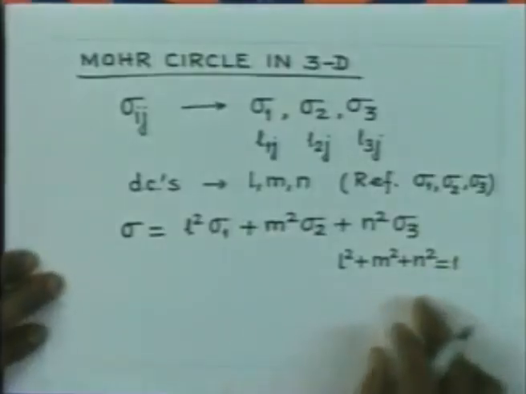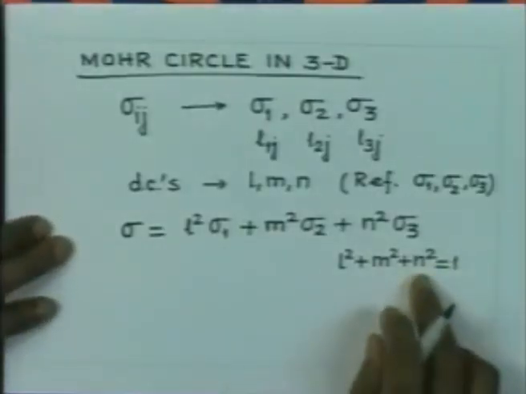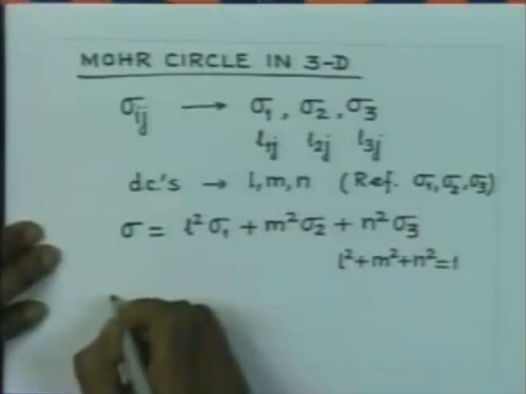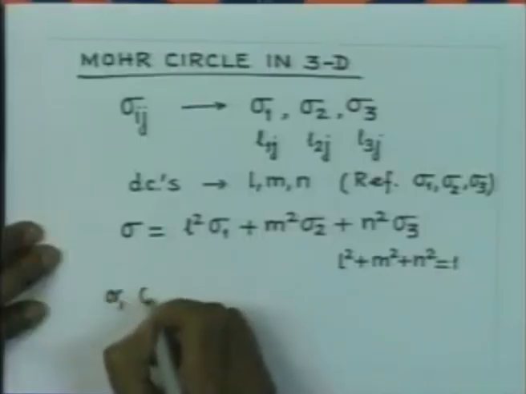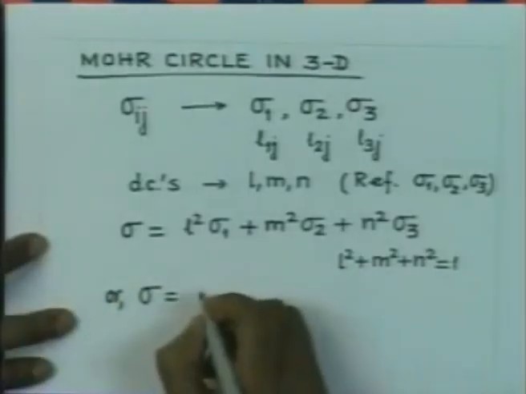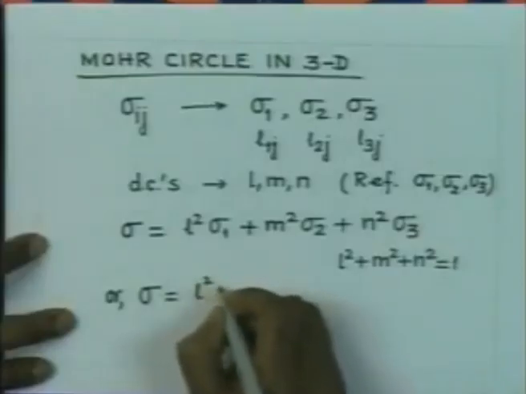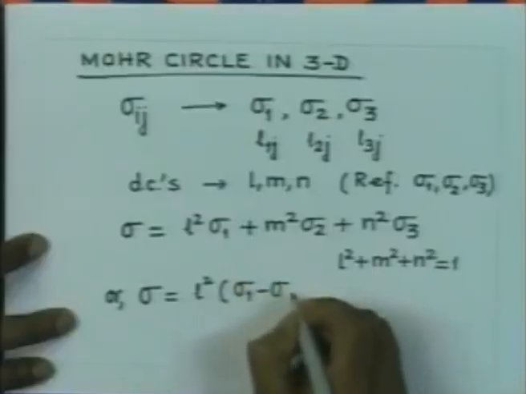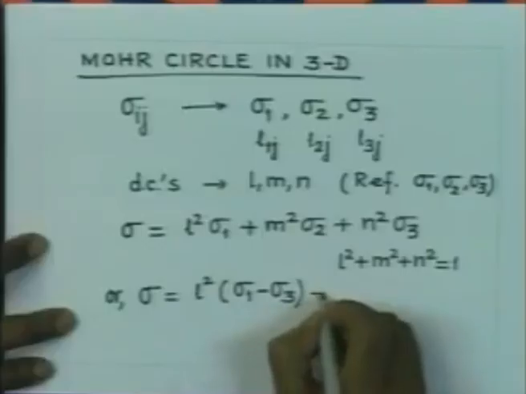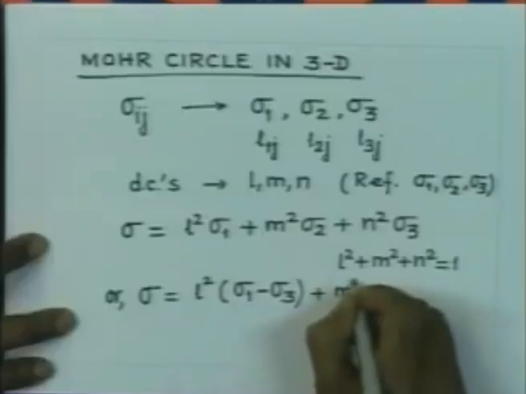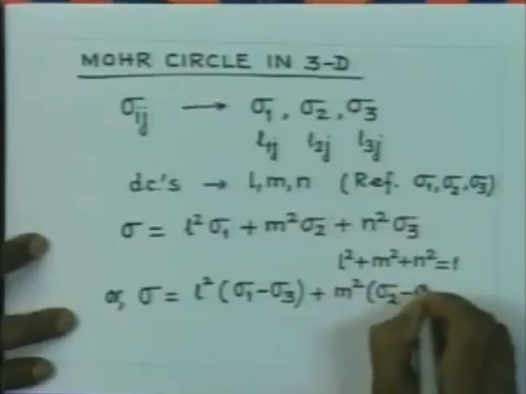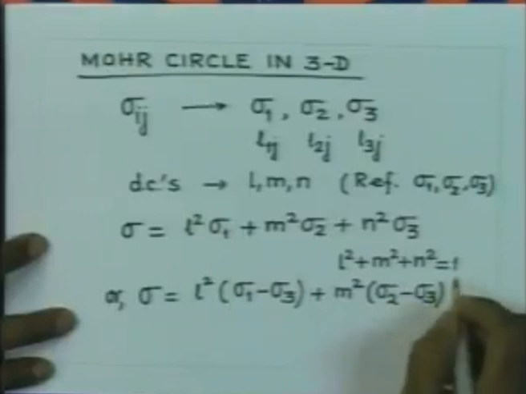So, if I substitute N square equal to 1 minus L square minus M square, that will give me sigma equal to L square into sigma 1 minus sigma 3, plus M square into sigma 2 minus sigma 3, plus sigma 3.